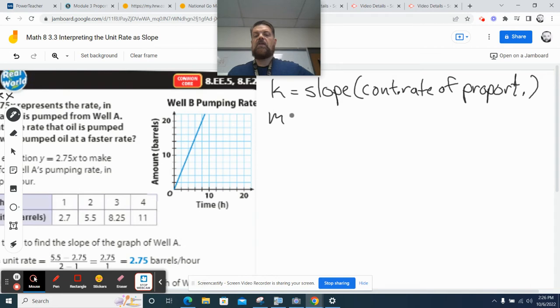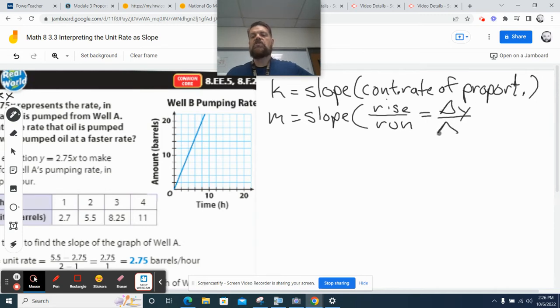And then m is the slope. And we call that rise over run, which is also delta y, the change in y over the change in x, which has a formula y2 minus y1 all over x sub 2 minus x sub 1.